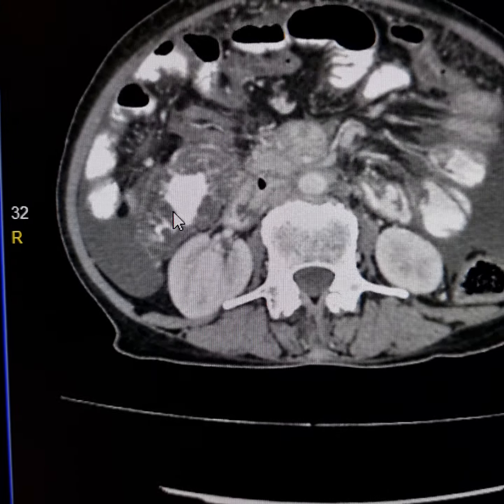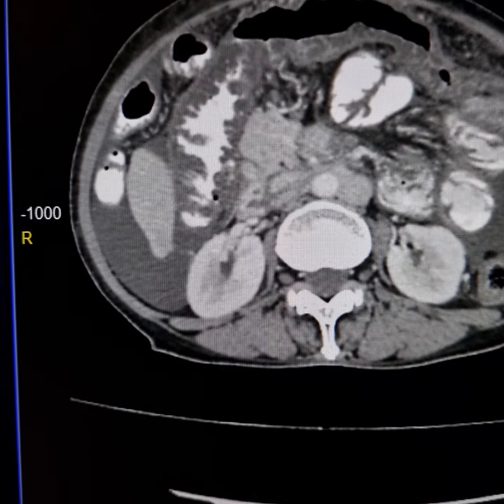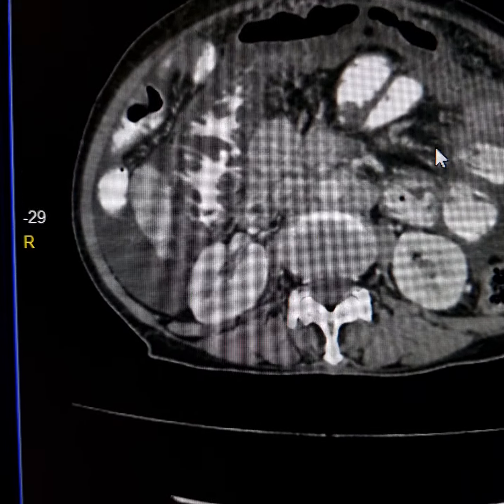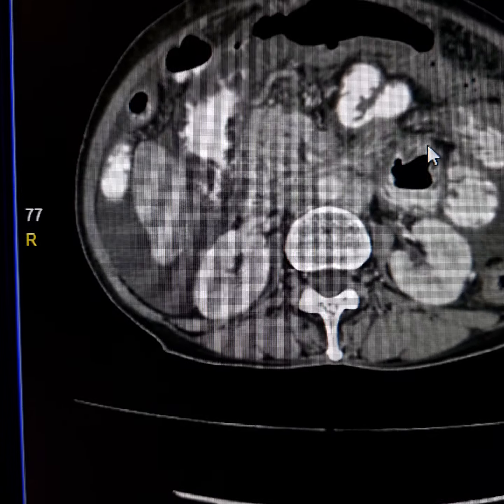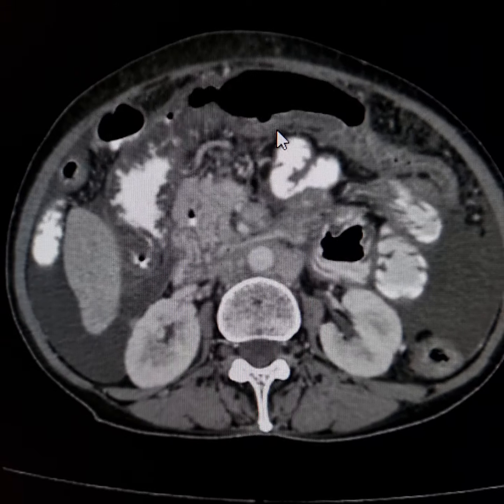This is the ascending colon, with similar features of mucosal edema and gut wall thickening. This is the right half of the transverse colon.